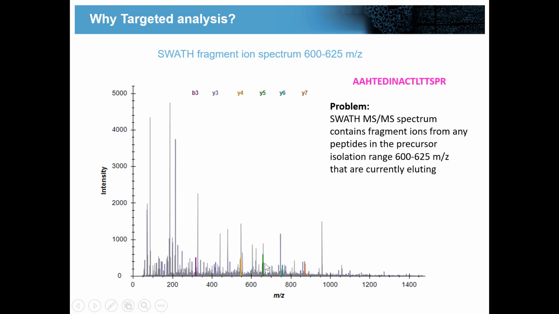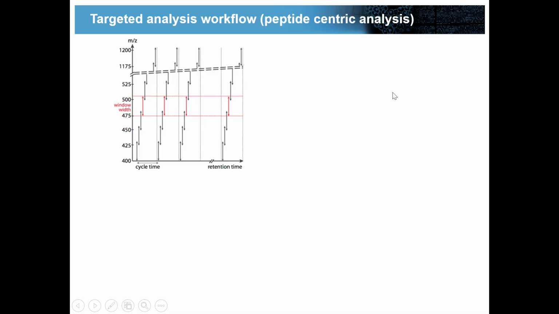These fragment ions, which we know to be the major fragment ions that should appear for this peptide, are clearly not the major fragment ions in this spectrum, right? So this shows you that you couldn't use standard methods to interpret this. I'm just trying to illustrate the issue that there's a lot more stuff in here than the peptide that we're interested in. So what can we do about that?